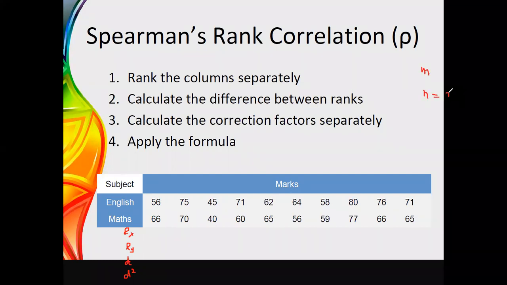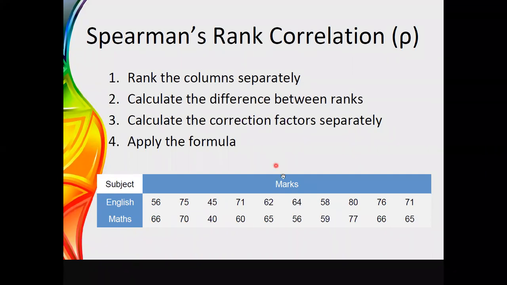You need the value of m and n, where m is the number of ties that you can see here and n is the number of pairs of observations. You can perform that calculation by yourself and apply the formula if you can see ties in the rankings, using this equation.